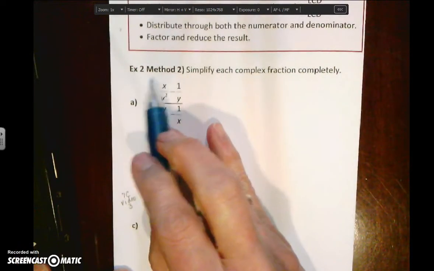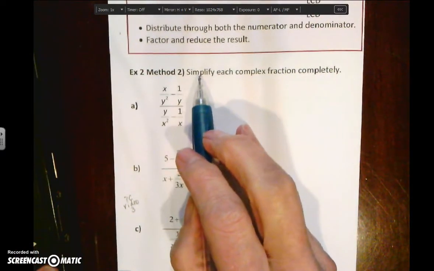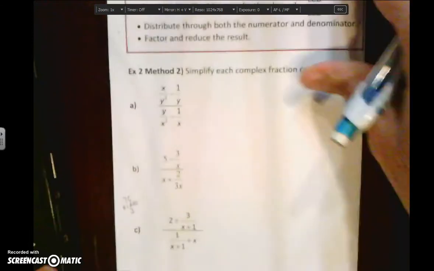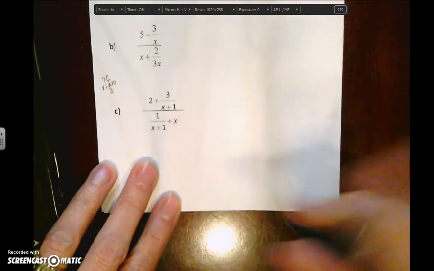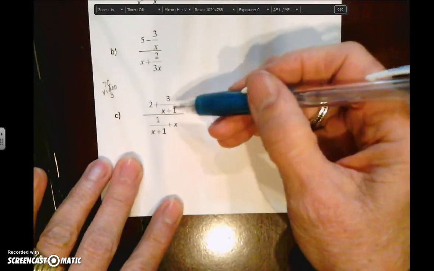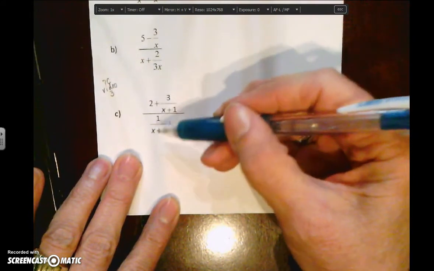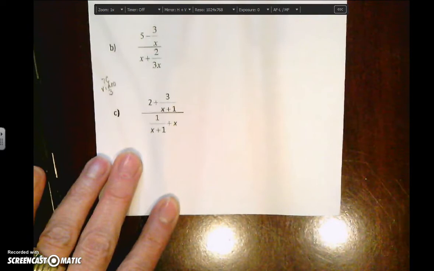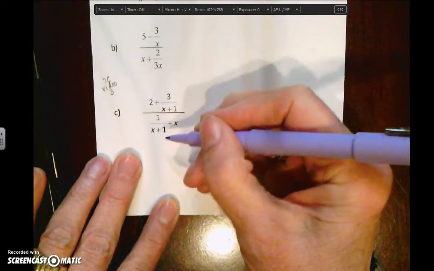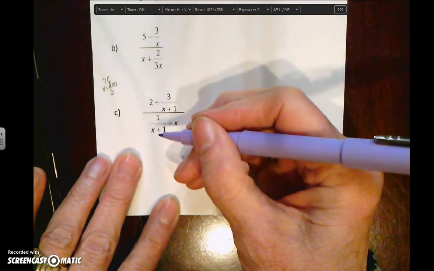All right, so we're still in example 2 of the 7C notes, and we are to simplify each complex fraction completely using method 2. So example C here, you can see that we've got a fraction in the numerator and a fraction in the denominator. When we compare the denominators, they're the same, so that's the LCD.